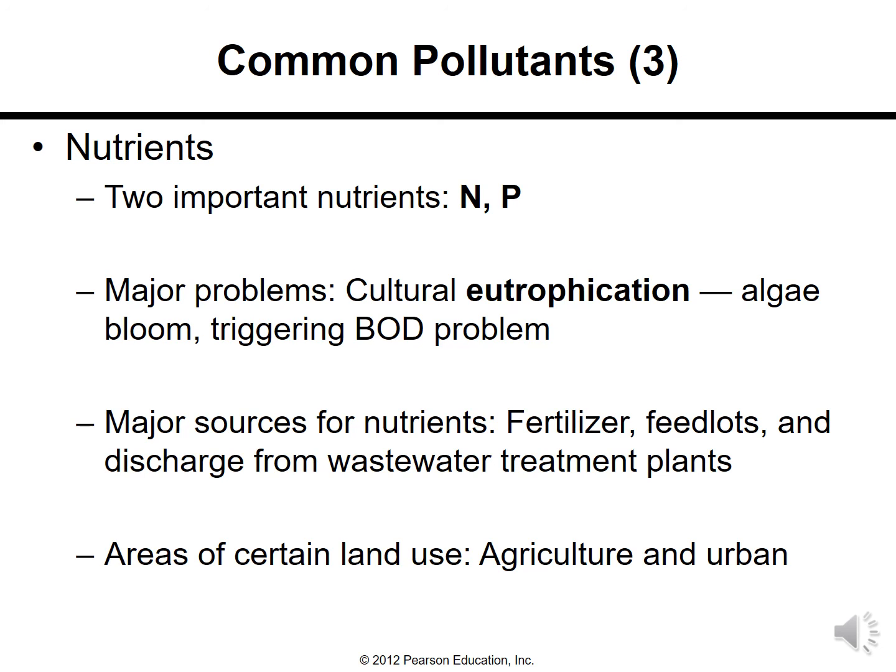Major sources of nutrients are fertilizers, feedlots, and discharge from wastewater treatment plants. Certain land uses are agriculture and urban areas, where you do most of these agricultural practices or any other developments that produce these different nutrients and release them to the environment.